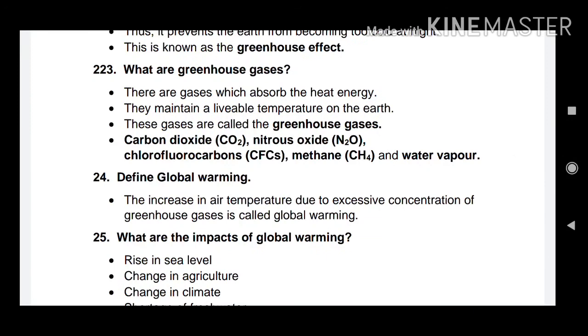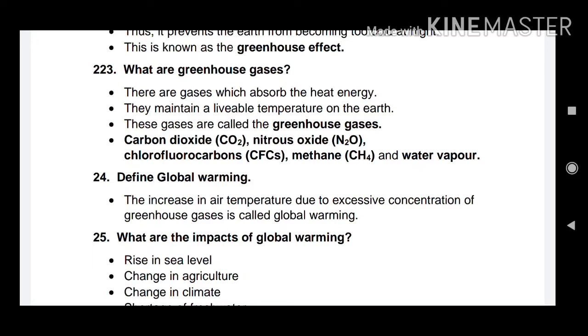Next one, what are greenhouse gases? There are some gases which absorb the heat energy. They maintain a livable temperature on the earth. What is meant by livable temperature? That is nothing but the temperature which is suitable for life forms to exist on earth.